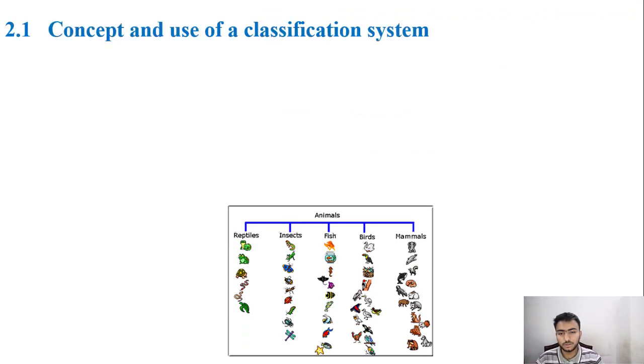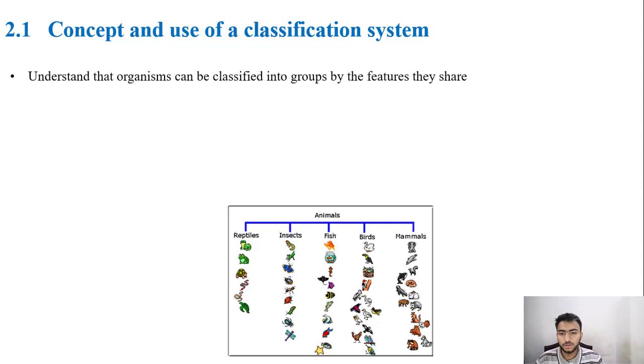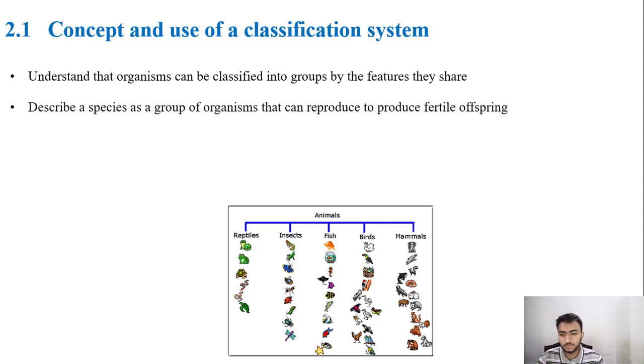As always, I'd like to take you through the learning outcomes. The first point is to understand that organisms can be classified into groups by the features they share. Classification is based upon physical features. Next, describe a species as a group of organisms that can reproduce to produce fertile offspring.